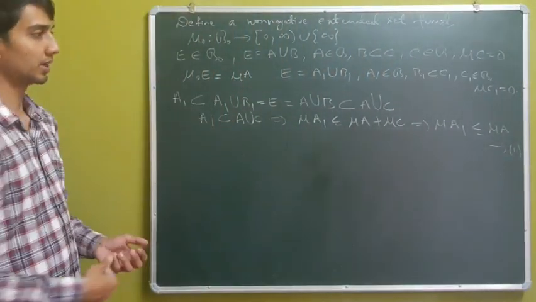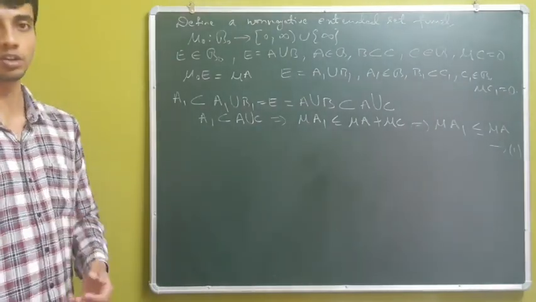Now it is remaining to prove that mu of A is less than or equal to mu of A1.